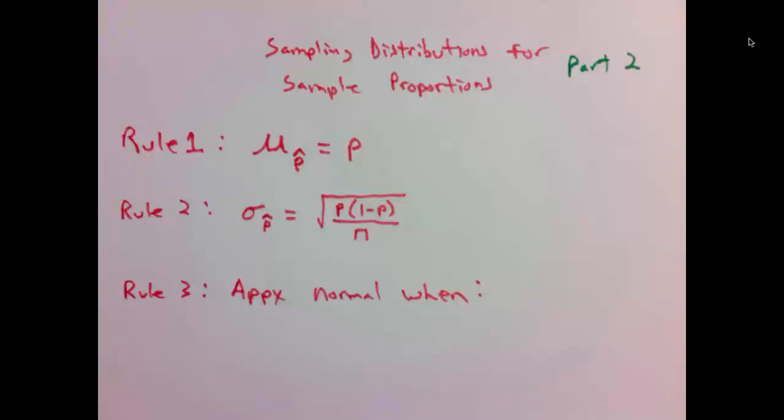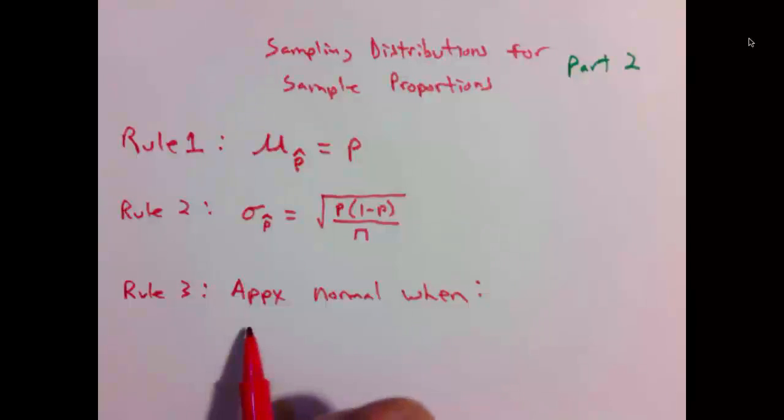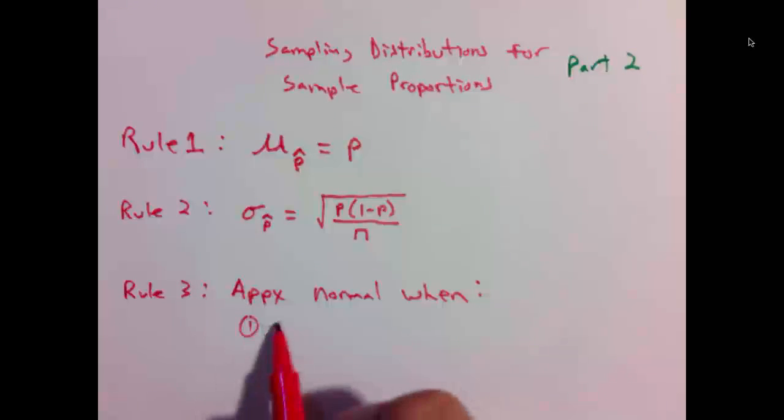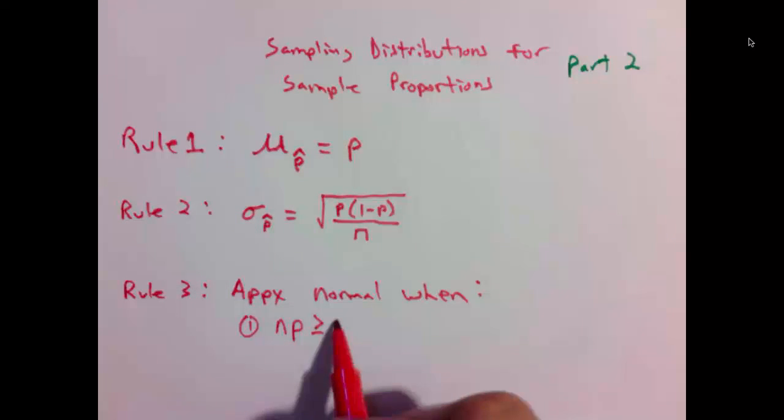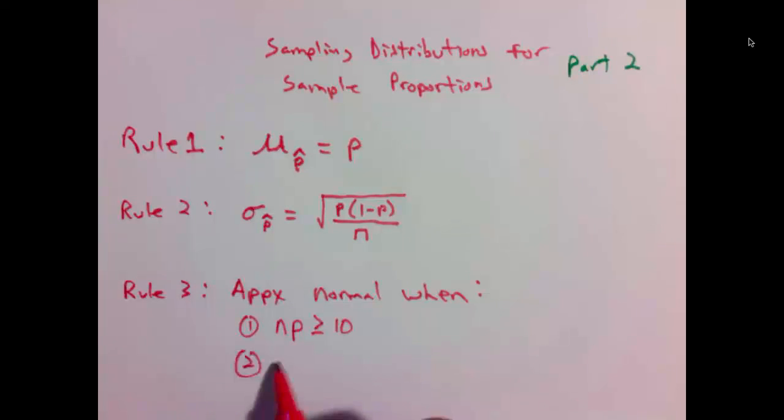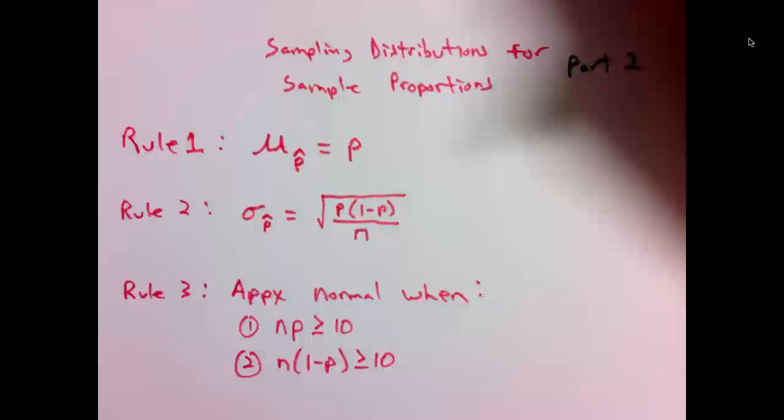Those conditions are that n times p is greater than or equal to 10, and n times the complement, 1 minus p, is greater than or equal to 10. That is, the number of successes and failures must be at least 10 in order for our sampling distribution of sample proportions to be approximately normal.